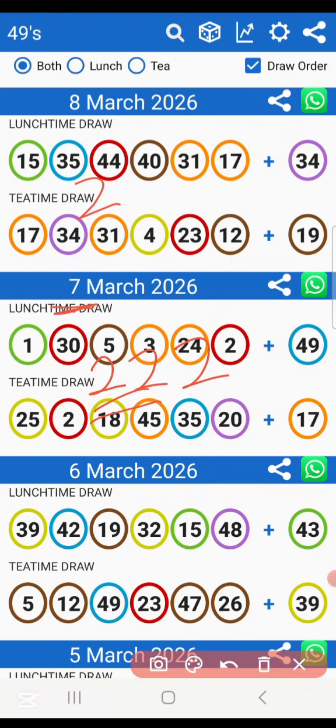And the fact that it's coming up again means that it has a strong possibility of coming. So you're also going to include 22. And then if you divide it like this and you say 22 plus 2, you get 24. 24 can be spinned into a 42. Okay. So these are the bankers we have for today's lunchtime draw.